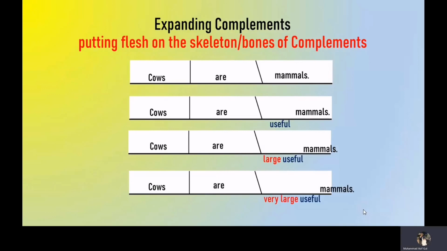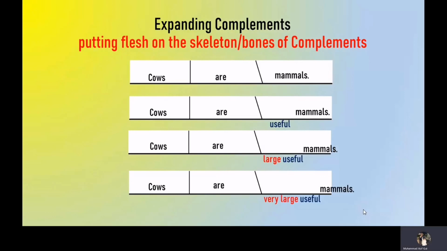Mammals is the complement. It completes the subject. It talks about the subject, and mammal is a noun, and we can add an adjective before it. For example, cows are useful mammals.